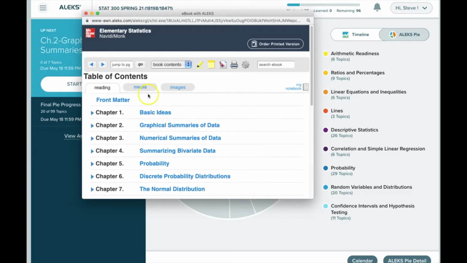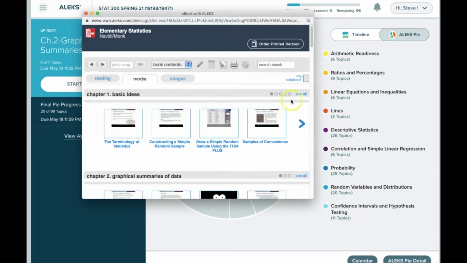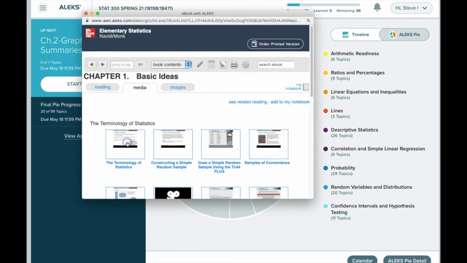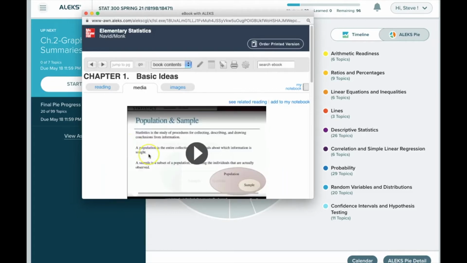Okay. So if you want the videos, you go to Media. I'm going to click on See All of Chapter 1, and there are those videos that I did a red box around, said 1.1. It says the terminology of statistics or constructing a simple random sample. So then you click on one of these and you can go ahead and play it.